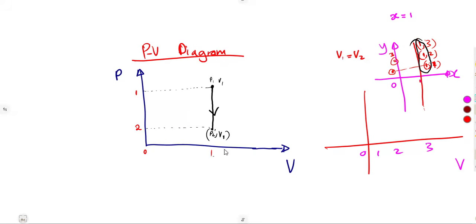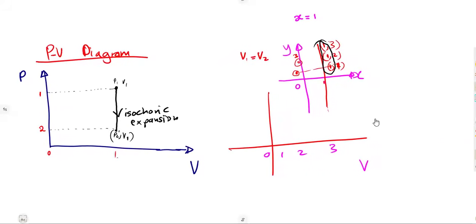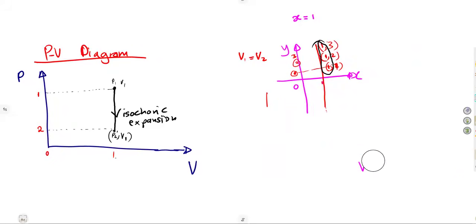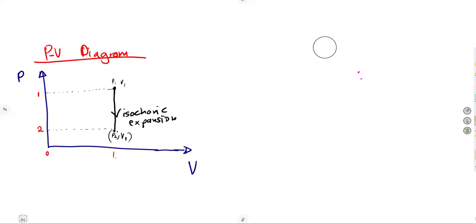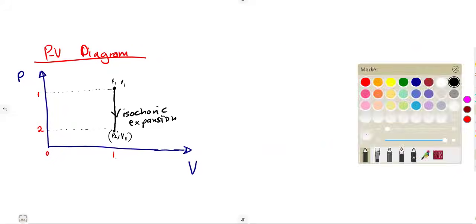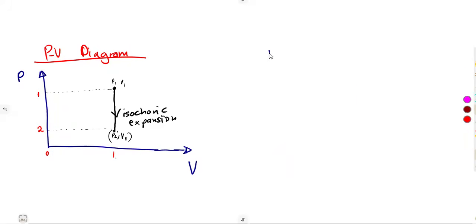That's an isochoric expansion. So the vice versa now is a compression, when we are starting with a smaller value in terms of the pressure. It can be like this.